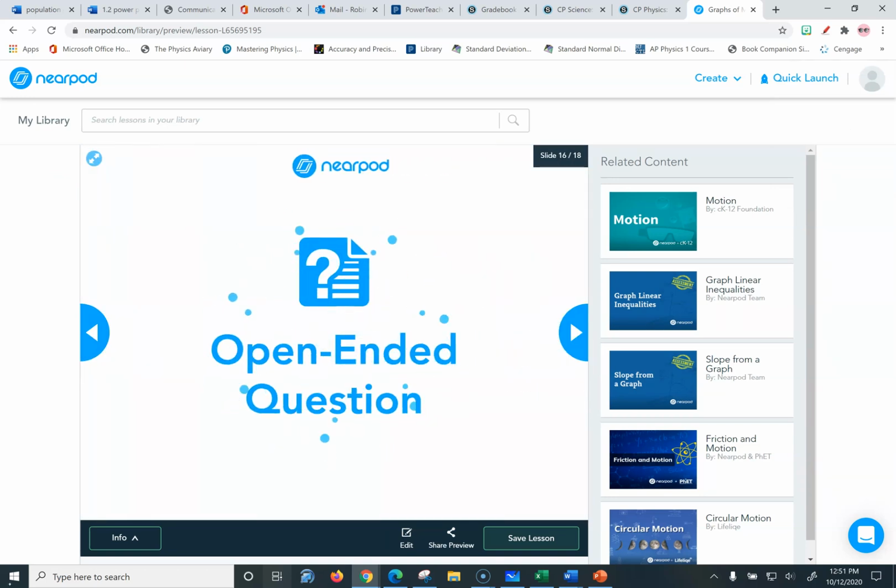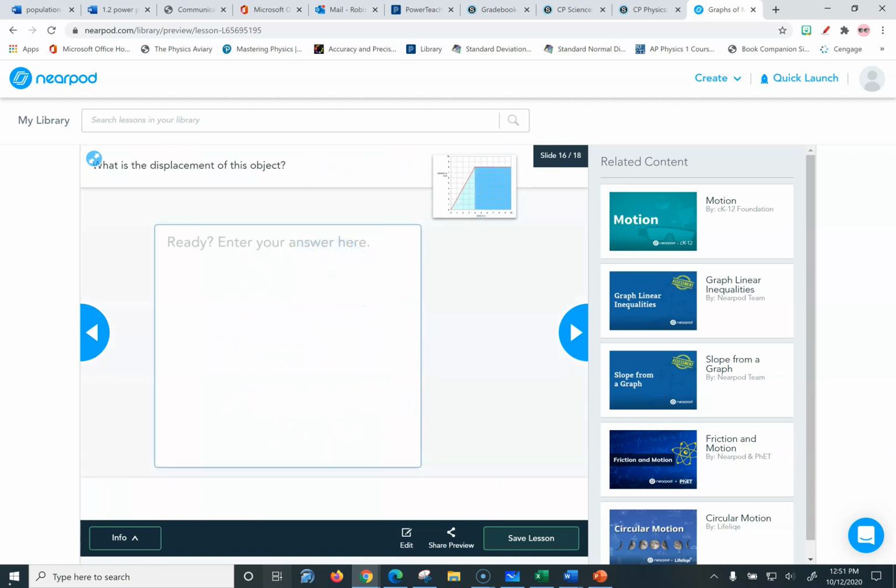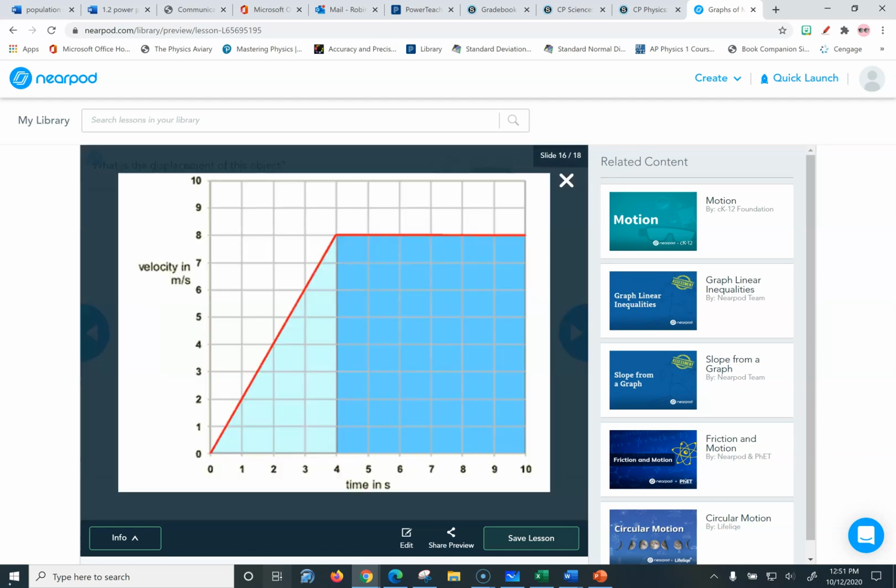Okay, there's another one coming up. What is the displacement of this object? If you want the total displacement, first you have to look at all the different shapes that you can divide it into.